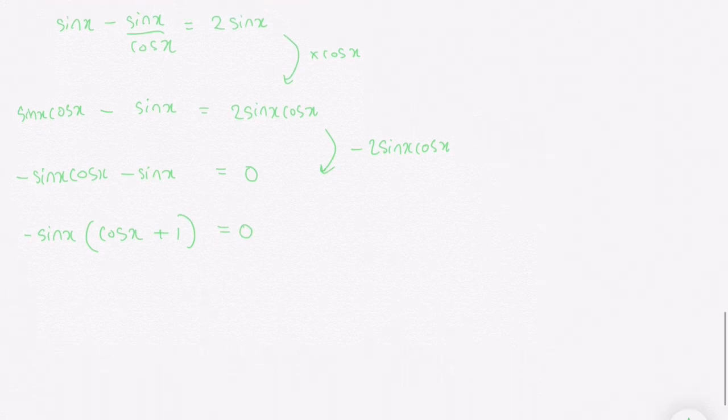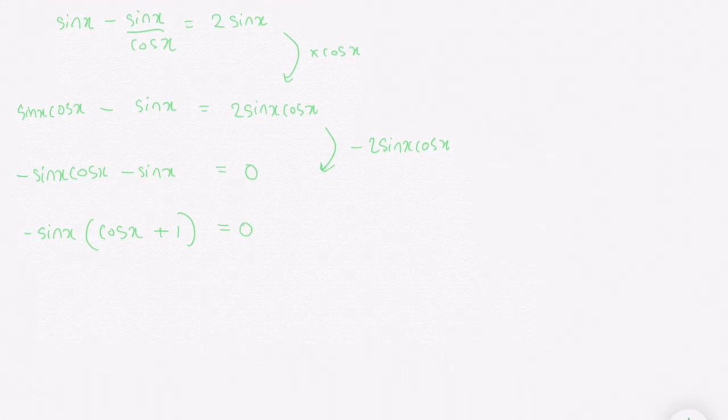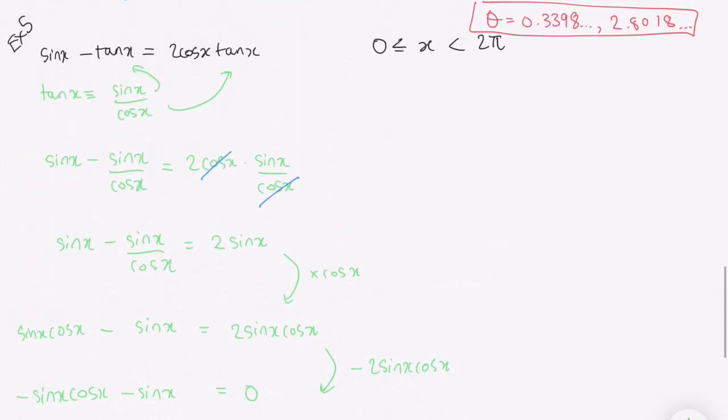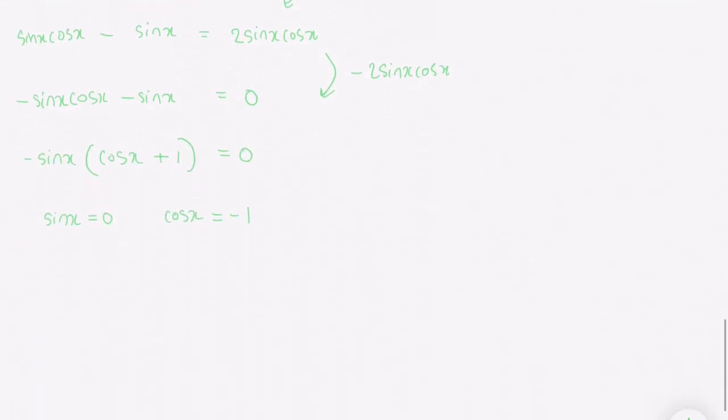Okay, well, we need two things that multiply to make 0. So either sine x equals 0 or cos x is equal to negative 1. And let's go back for what range of values were we asked for? We were asked for x being between 0 and 2 pi. So thinking about a sine graph, where is sine equal to 0?